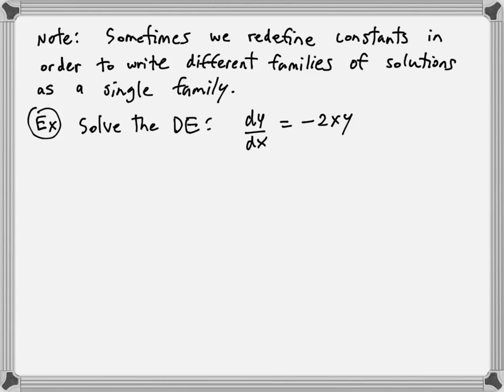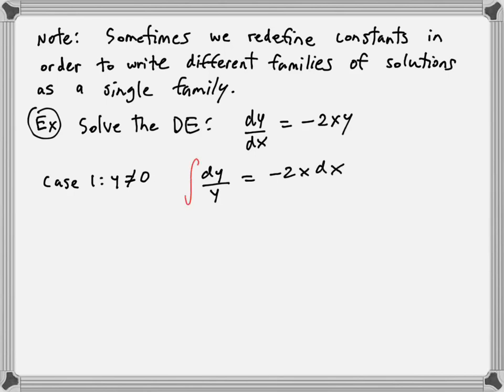Well, again, this is separable. We are going to have to divide both sides by y. We're doing case 1. Y is not 0. So if y is not 0, we divide both sides by y. We get the following. dy over y is equal to negative 2x dx.